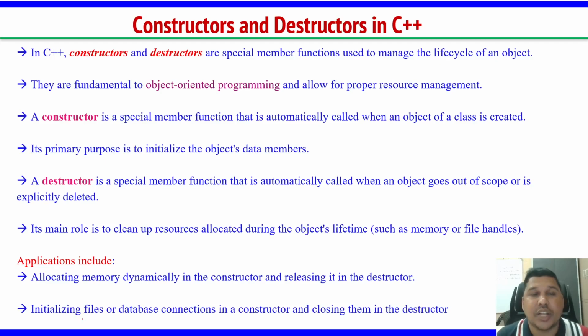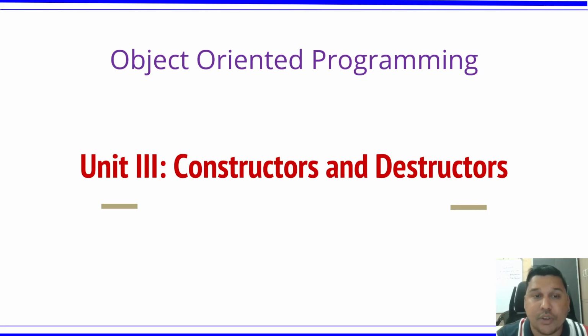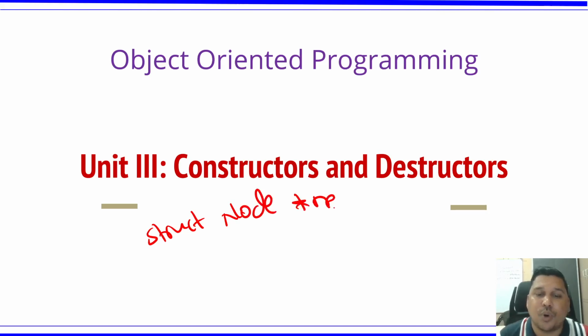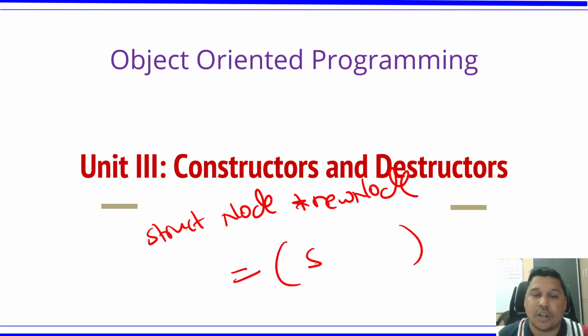Another example: initializing files or database connections in a constructor and closing them in the destructor. Now, when you wrote the linked list problems, we always had to write struct node star new node equal to struct node malloc, size of struct node.